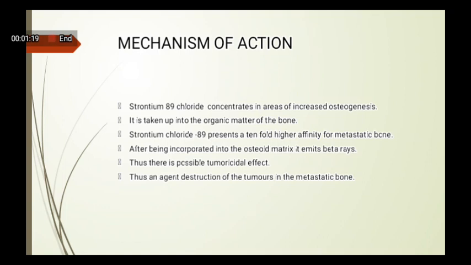Strontium chloride 89 presents a tenfold higher affinity for metastatic bone. Metastatic bone is when cancer cells break away from the original tumor and spread to the bones where they begin to multiply. After being incorporated into the osteoid matrix, it emits beta rays. Thus, there is a possible tumoricidal effect, and thus an agent for destruction of the tumors in the metastatic bone.